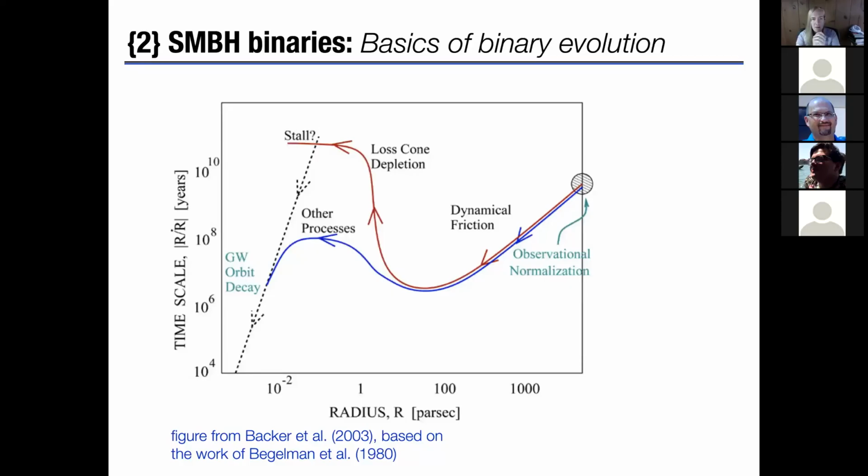And so the binary would stall at separations of about a parsec before it could get close enough that gravitational wave emission would be really efficient at evolving the binary to coalescence. So this is, if you've heard about it, called the last parsec problem. And it's not a problem anymore in the sense that there are many solutions to it in the literature.